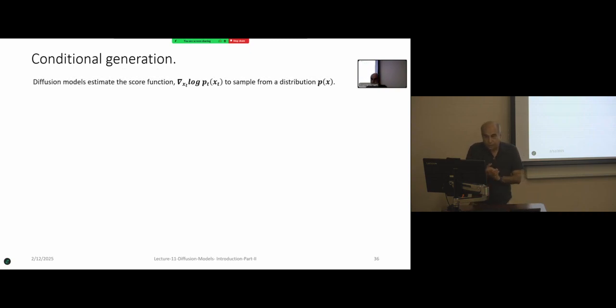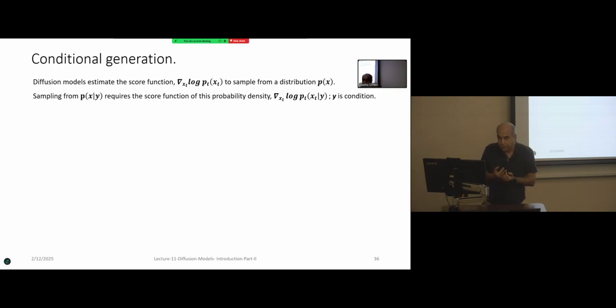Now, with score matching, essentially we have the gradient of the log probability, and once we estimate that, we can sample from the distribution P of X. Now, when we introduce the condition, this probability P(xt) or P(x) will become conditional: the probability of X given Y. This probability will be for a particular class, so Y is a class, Y is a condition.